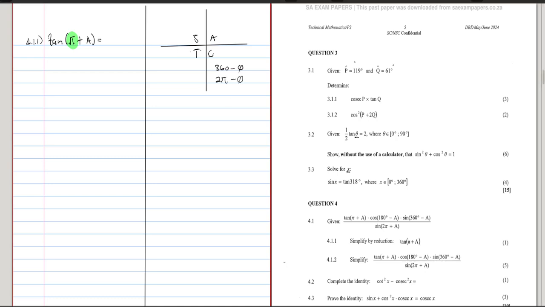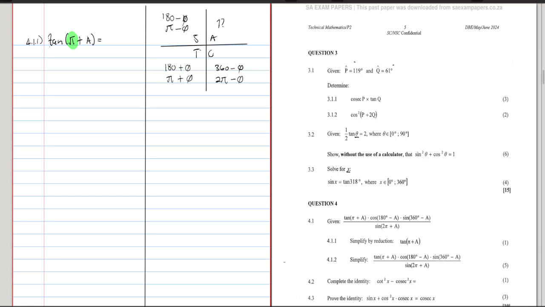And then in the third quadrant, we have 180 degrees plus theta, that's like saying pi plus theta in radians. Then in the second quadrant, we have 180 minus theta, which is pi minus theta. And in the first quadrant, we don't have any reductions available.